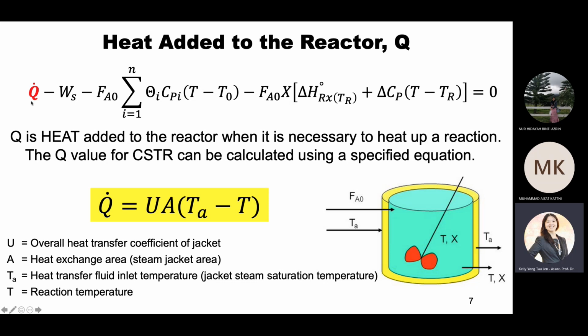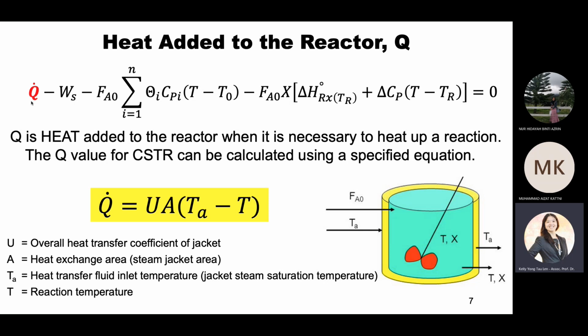So Q ni kamu dah belajar CPP, kamu dah belajar thermo, kamu tahu Q is always used in chemical engineering to represent heat. Okay, so maksudnya if you are introducing heat to the reactor or you are supplying heat to the reactor, kita panggil sistem ni sebagai non-adiabatic. Okay, so mungkin kamu dah pernah dengar perkataan adiabatik.